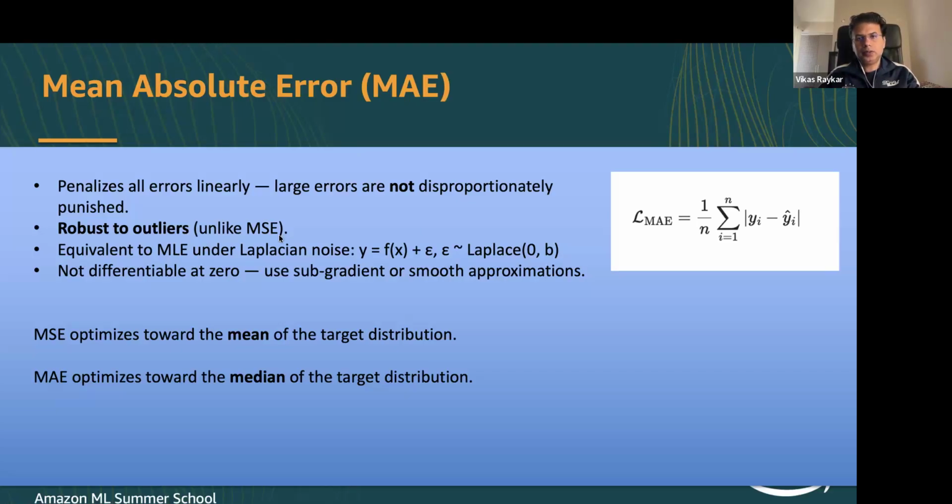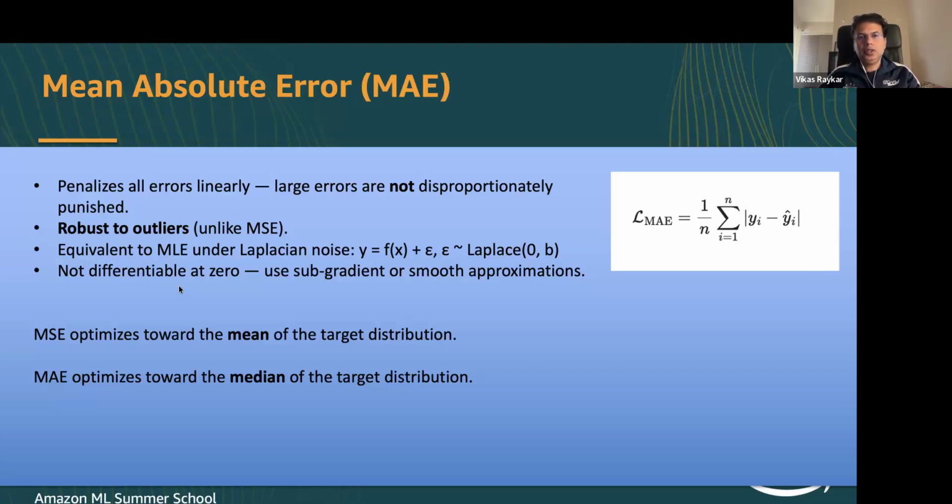Similarly, we can show that the mean absolute error is equivalent to the maximum likelihood estimator under Laplacian noise. So y is equal to f of x plus epsilon. For MSE, epsilon was a normal distribution. Here, if you take the noise to be Laplace, then you can show that the MLE is equivalent to optimizing the mean absolute error.